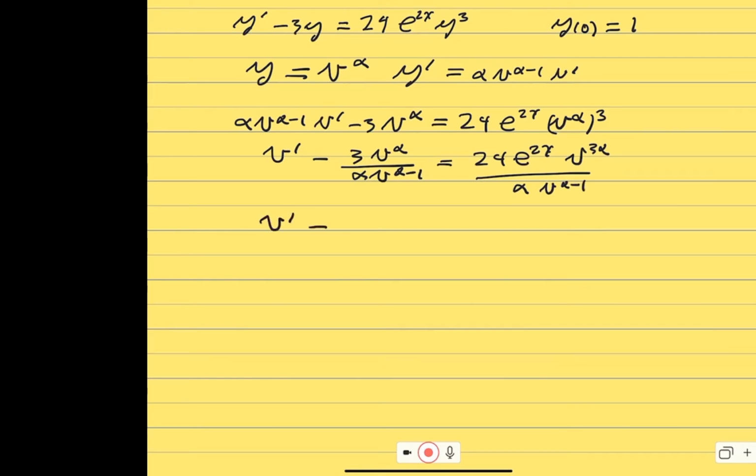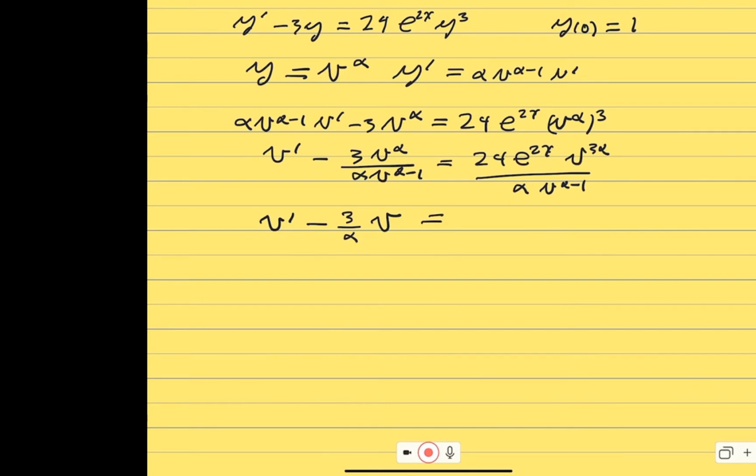V prime then is over here, over here nice things happen. I just have 3 over alpha v. So this part here looks just like what we want for a first order linear equation.